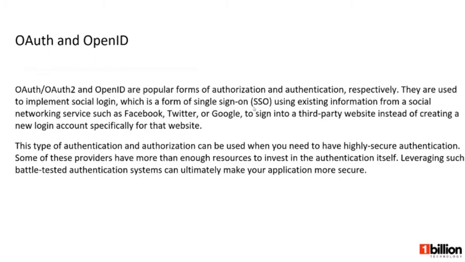This type of authentication and authorization can be used when you need highly secure authentication. Some of these providers have more than enough resources to invest in the authentication itself. Leveraging such a battle-tested authentication system can ultimately make your application more secure.